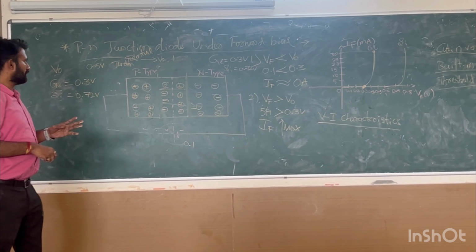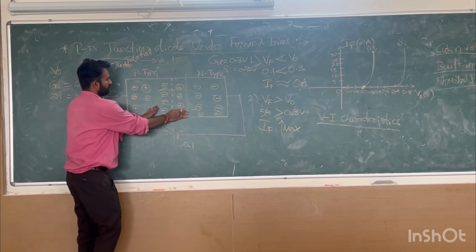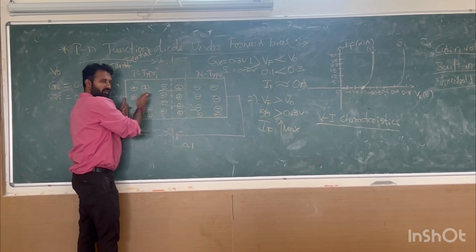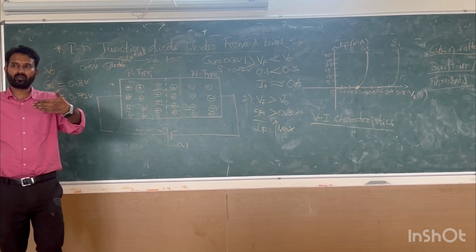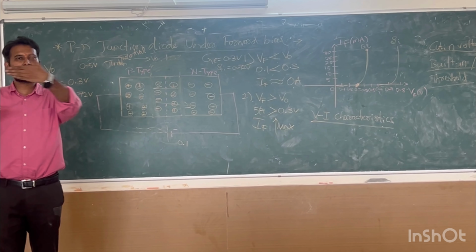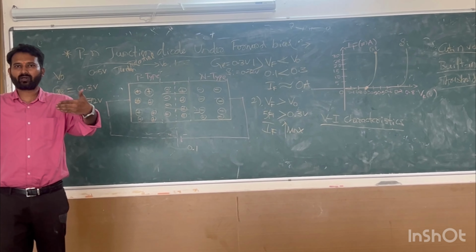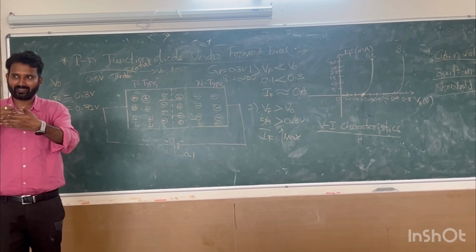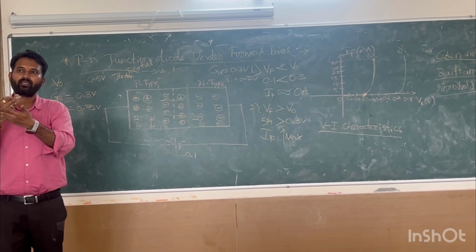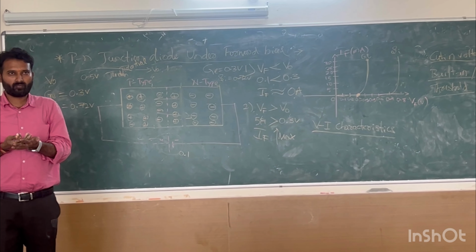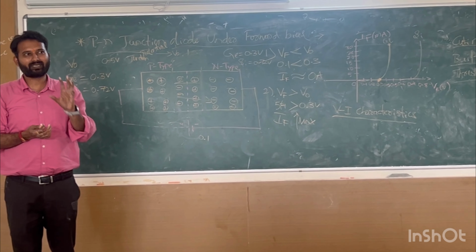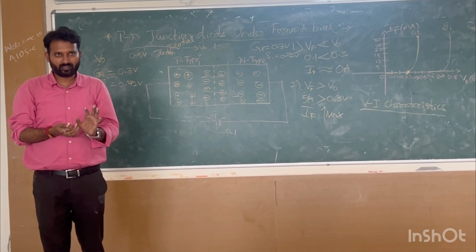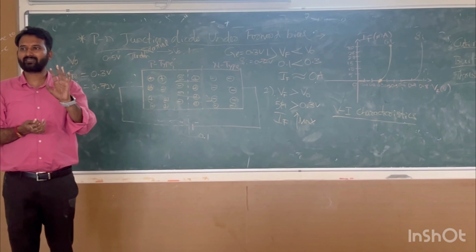Understandable? Only under forward bias condition, the barrier is removed. Majority carriers move in opposite directions, electrons towards p type, holes towards n type. Electron hole recombination takes place. That is what gives rise to current. Keep in mind, majority carriers produce the current, giving maximum current.